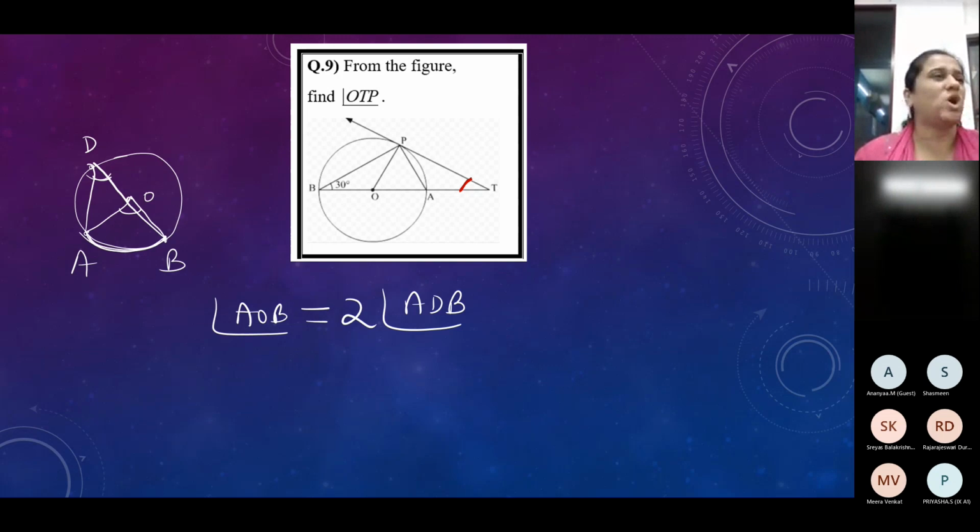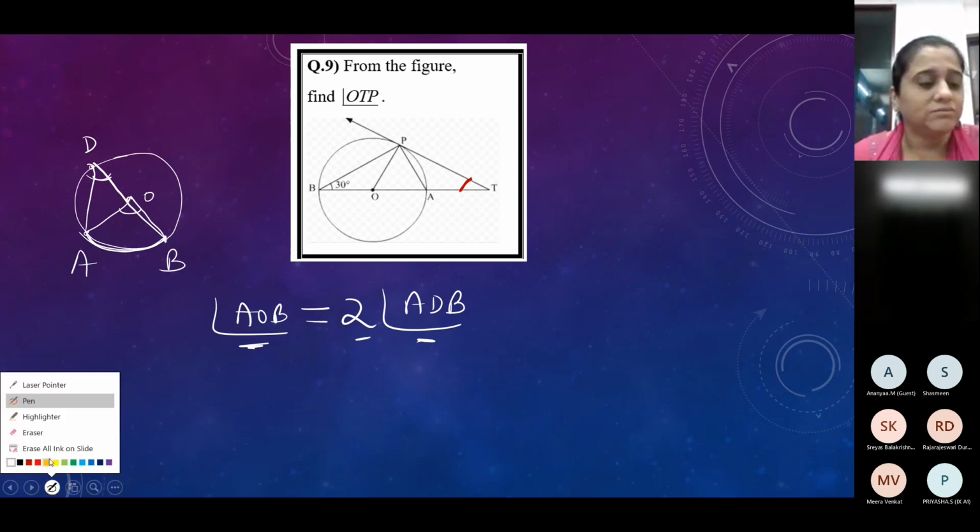To tell you the theorem in short, the angle formed at the center is double the angle formed on the circumference. Is it fine? This is the relation. Now let's apply this in the figure.